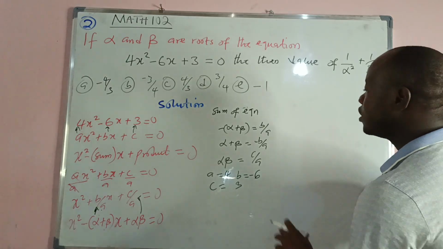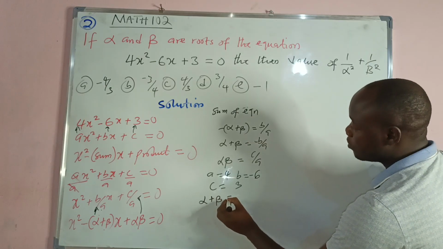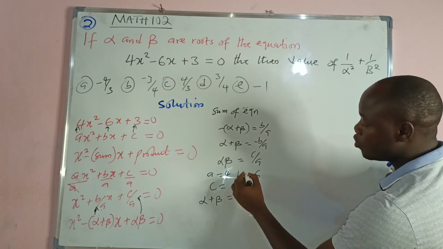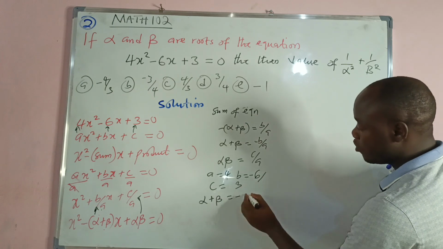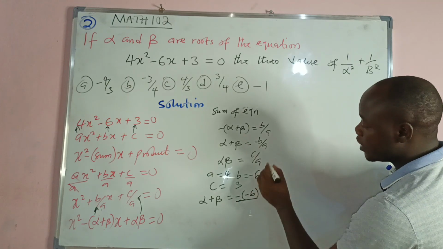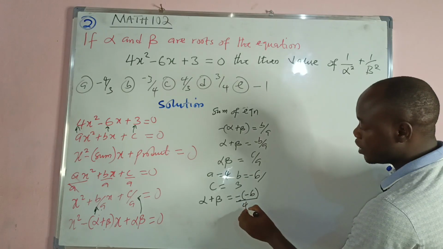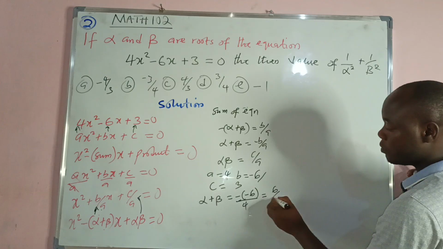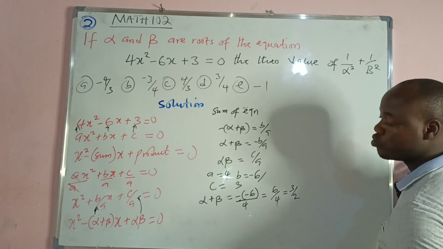I think it's simple. We look at the summation, alpha plus beta, which is minus b over a. The value of b from this equation is minus 6, so we have minus (minus 6) divided by a, which is 4. Minus times minus gives plus, so we have 6 divided by 4, which is the same thing as 3 over 2.